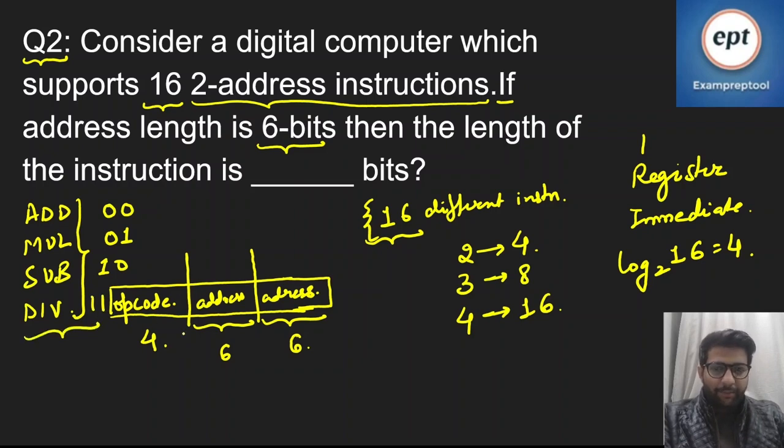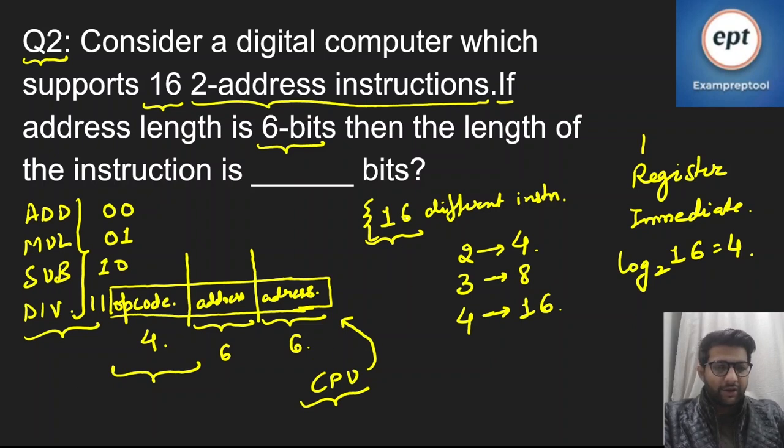When the CPU runs this instruction, it knows how many different types of instructions are supported, so it knows how many bits the opcode has. It takes that many bits and identifies what type of instruction it is.